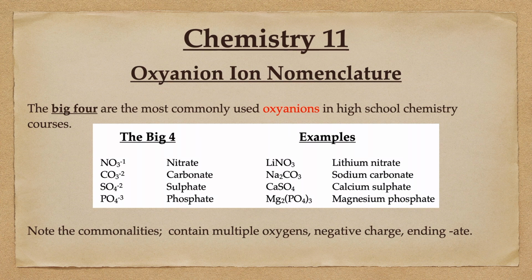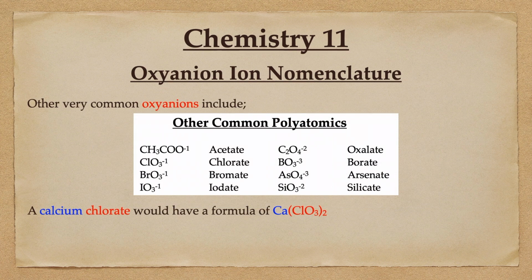with phosphate, magnesium phosphate. Other very common oxyanions include acetate, chlorate, bromate, iodate, oxalate, borate, arsenate, and silicate. A calcium chlorate would have a formula of Ca and then brackets ClO3 bracket 2 to indicate it takes 2 chlorates to balance the charge on the calcium 2+ ion.